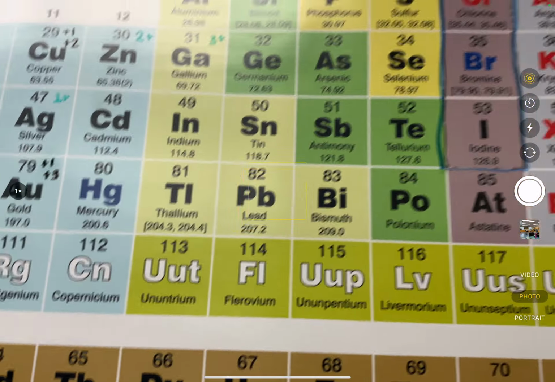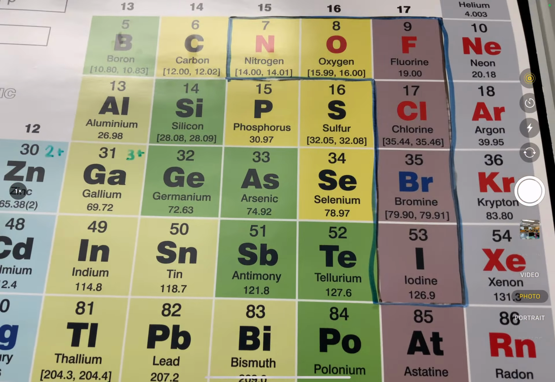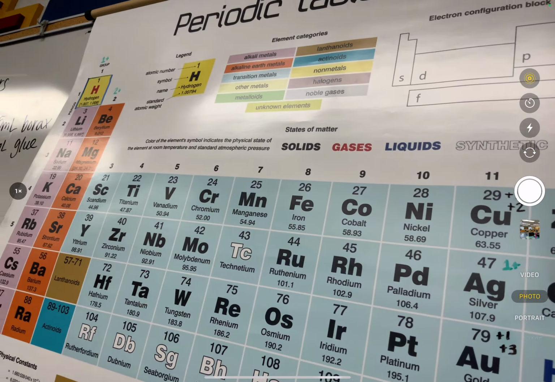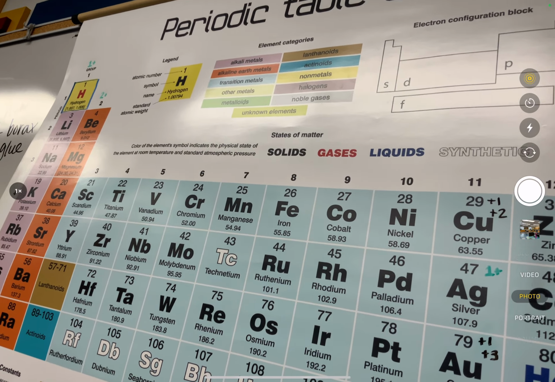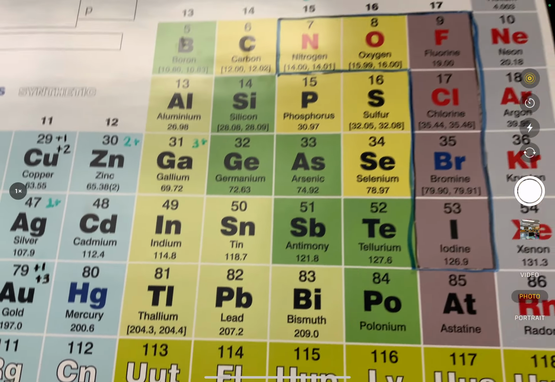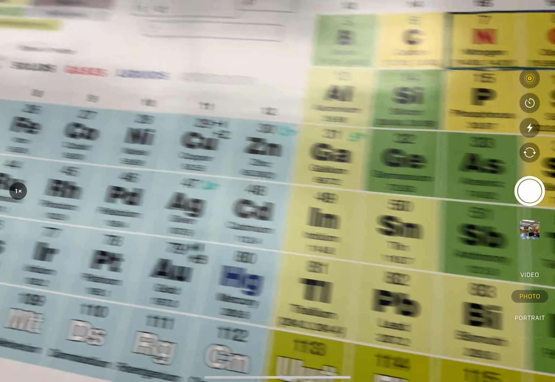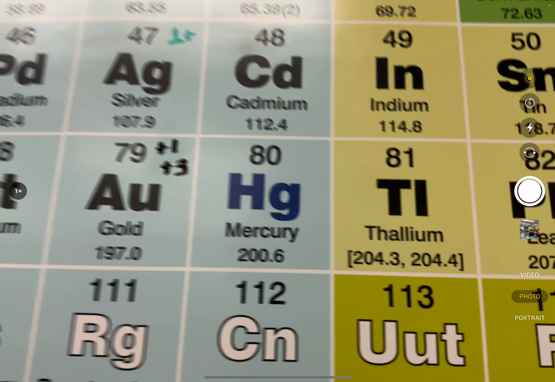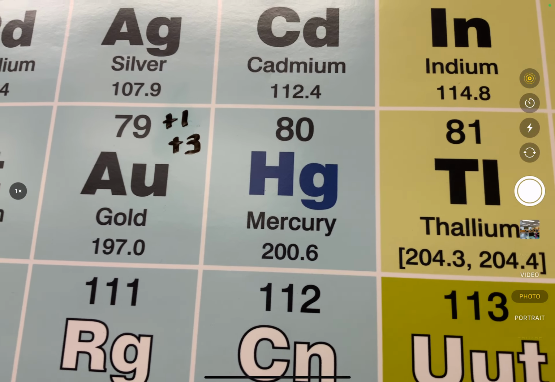If we look at bromine, it's in blue. And blue is telling us that it is a liquid. Red is a gas, so a lot of those things are gases at room temperature. And then black are solid. So if we go over to mercury, Hg, that's also liquid at room temperature.